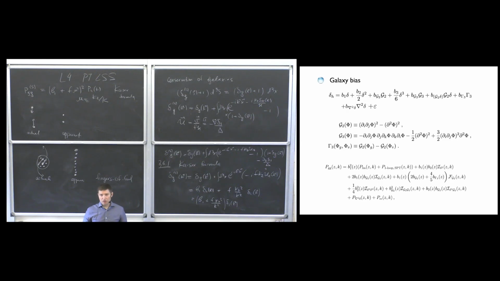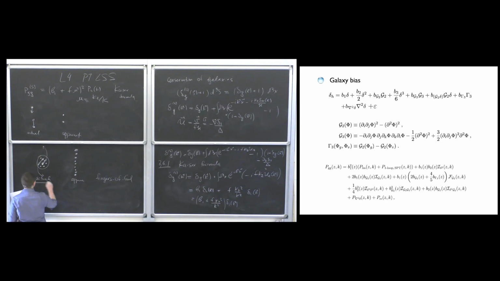So in this description in the EFT, as with everything in the EFT, you need to worry about renormalization, cutoff, and things like that. But let's say the leading order picture is that this field is specifically a large scale long wavelength part of the velocity field that never undergoes shell crossing, so it's always well defined, so we can use this formula. Okay, good.